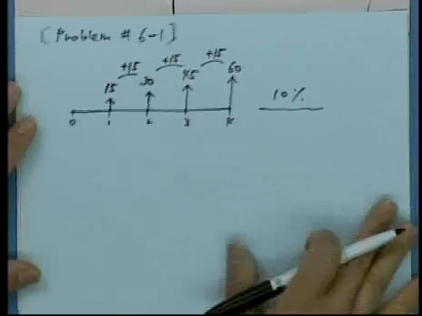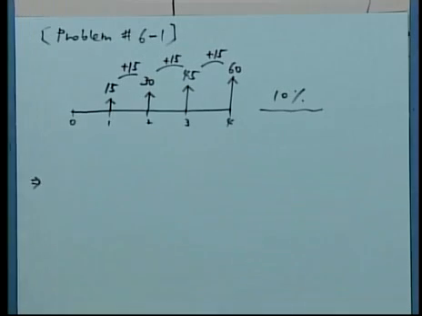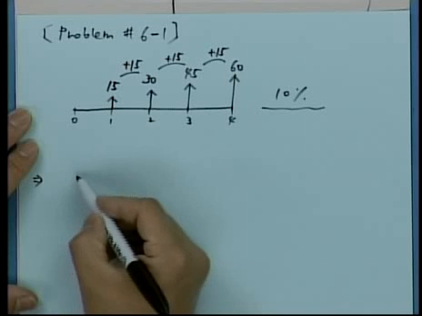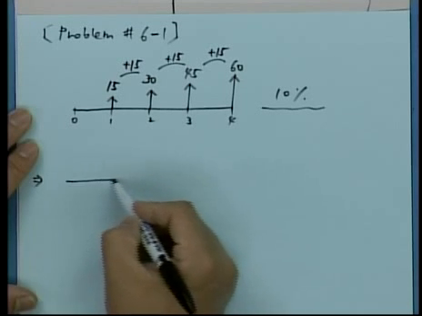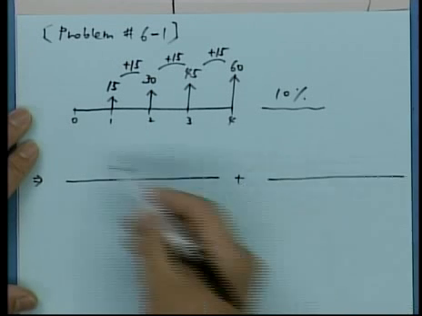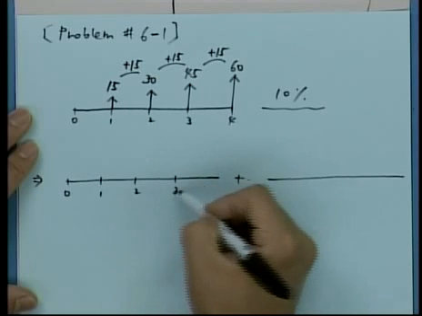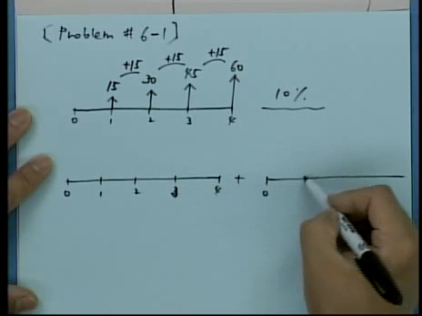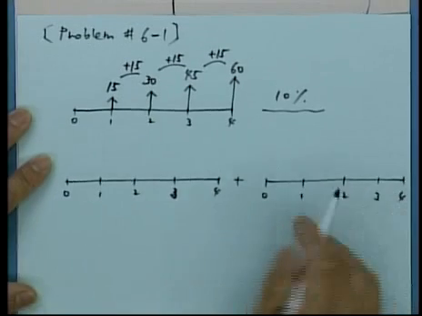So this cash flow diagram can be broken into two. 0, 1, 2, 3, and 4.